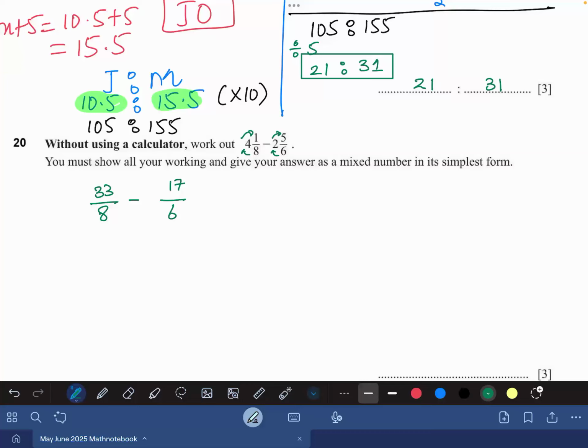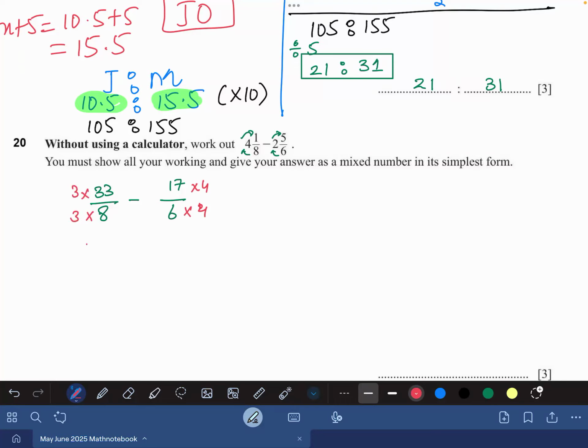Now comparing the denominators, we want to make the denominators the same. In paper 1, you can use the least common multiple. 6 and 8 both have 24 in their table. Without a calculator it would be hard, but not that hard. Multiply the 6 with 4, and the 8 with 3 so that the denominator is 24.